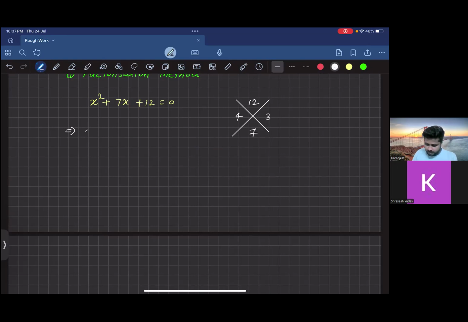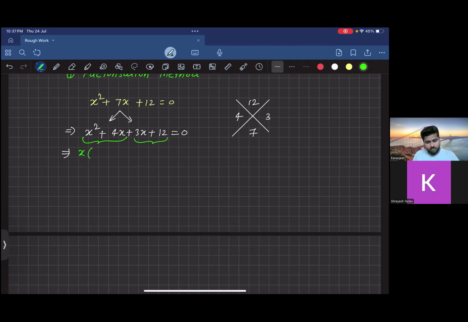Next step, we will write this. Actually, it is also called the middle term break. We will break the middle term with the help of this rule. So I'll write 7x as 4x plus 3x plus 12 equals 0. Now make groups of two terms, the first two terms and the next two terms. From the first two terms, we'll take x common.